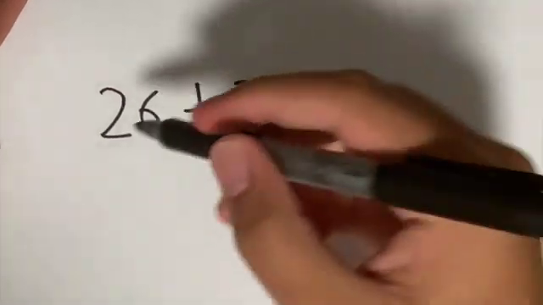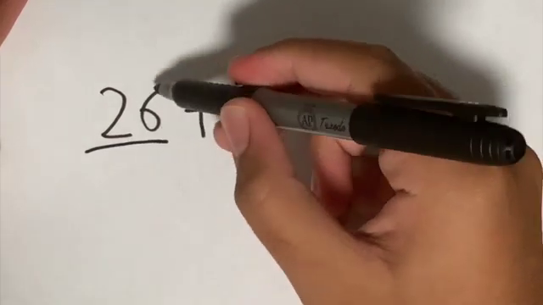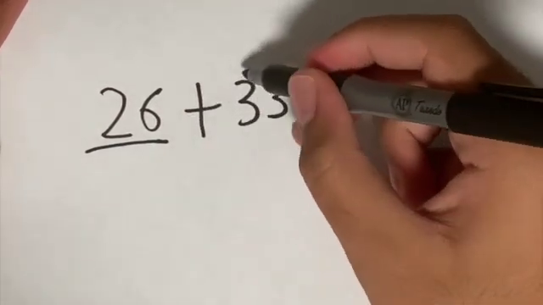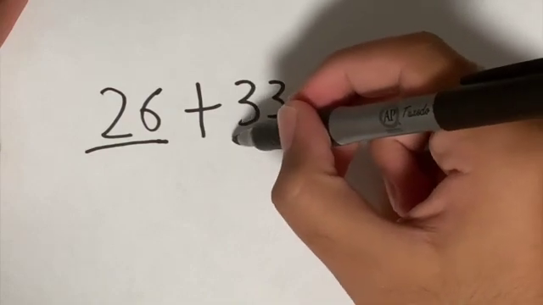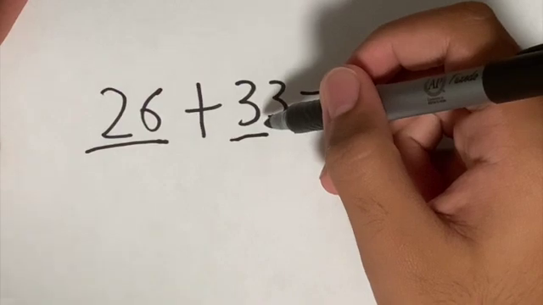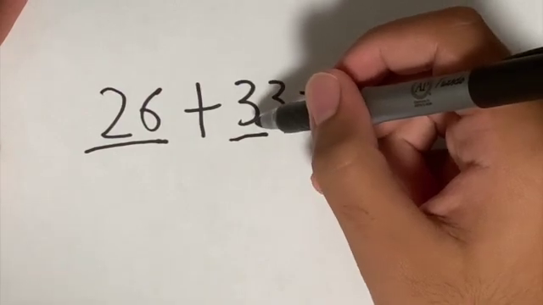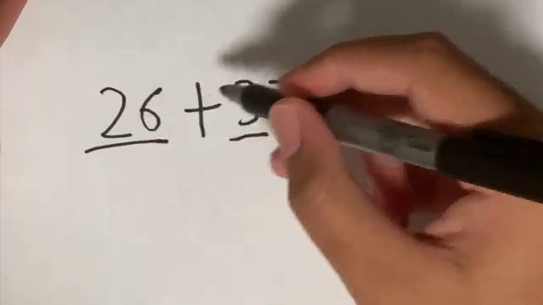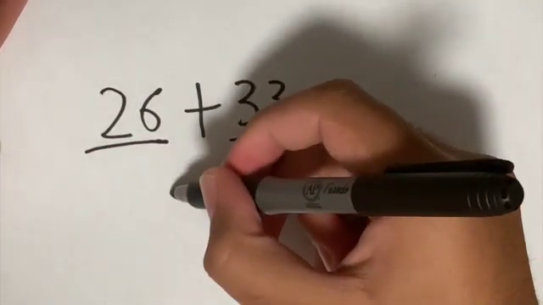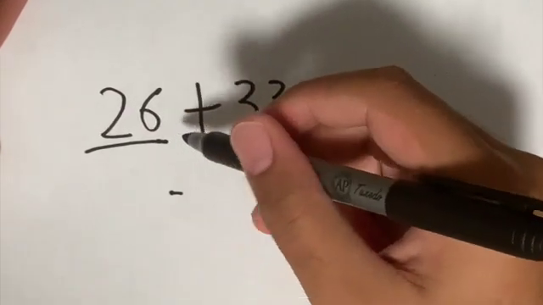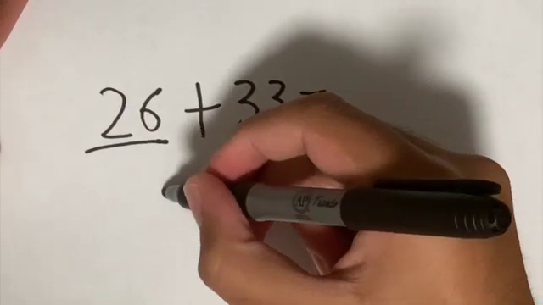We start with our first number, 26, and we look at the digit on the left of 33, which is 3. Since this 3 is in the tens place, we add 10 three times. So that's 30. You add 30 to 26, that is 56.